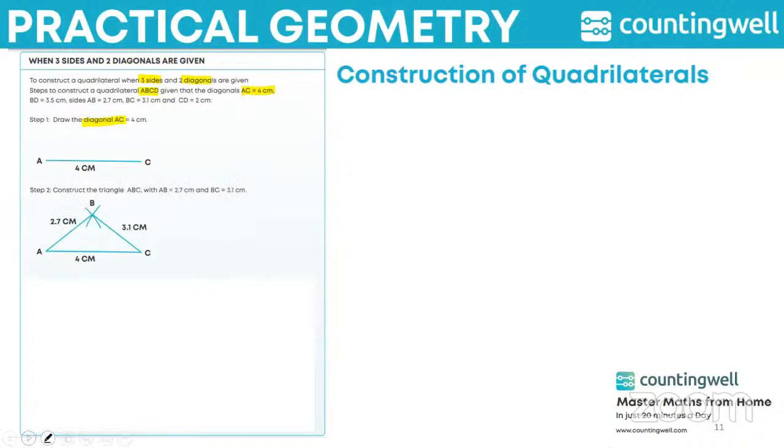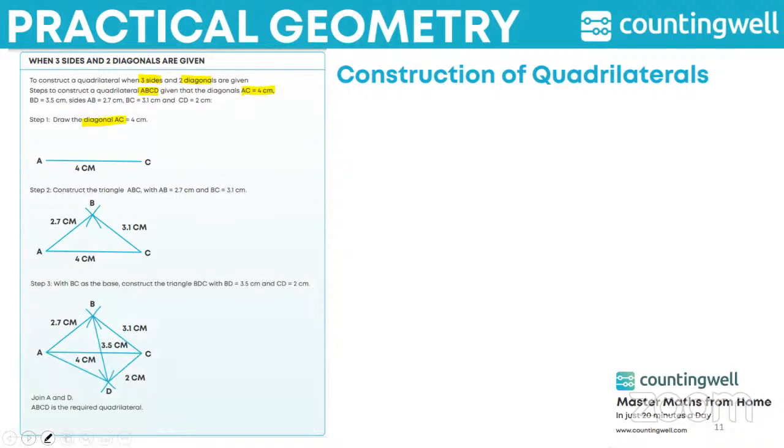Then next you have to construct triangle ABC. So you can take an arc from A and an arc from point C, taking the measures 2.7 centimeters and 3.1 centimeters respectively, and draw the triangle ABC.